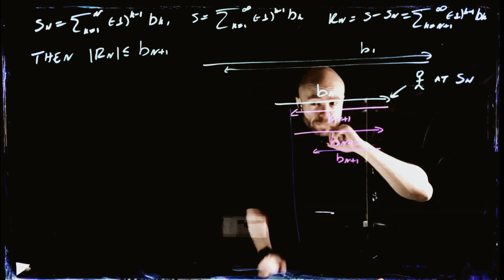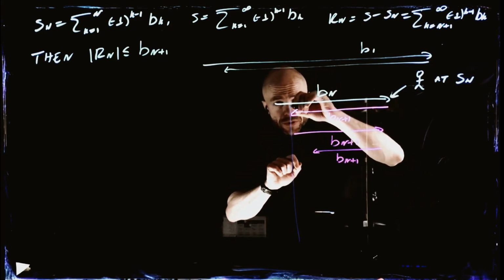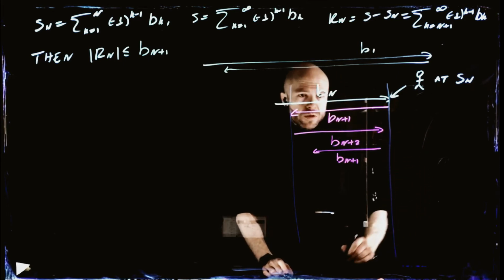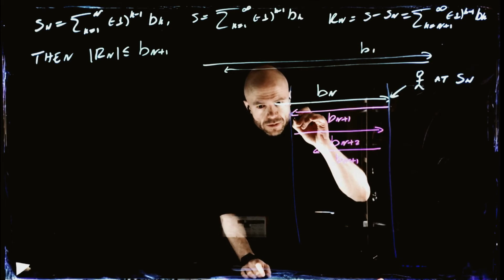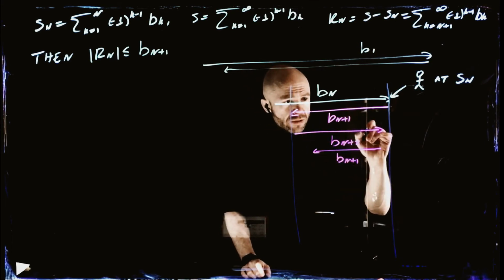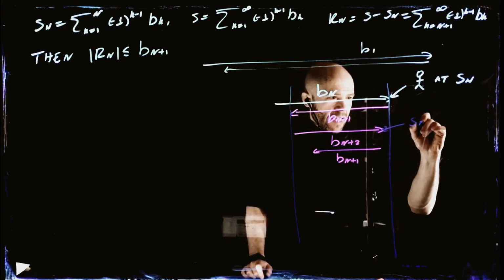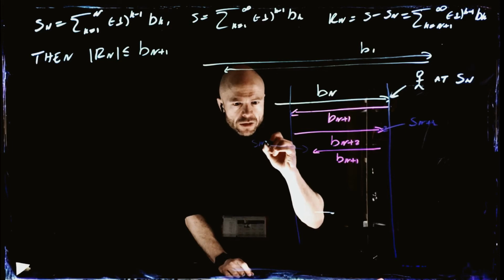If we look closely, we're actually trapped all the time between here and here, right? Because when we do the n plus 1 step, we end up here. And we do the n plus 2 step, we end up here. So here we are at Sn plus 2. Here we are at Sn plus 3, and so on.